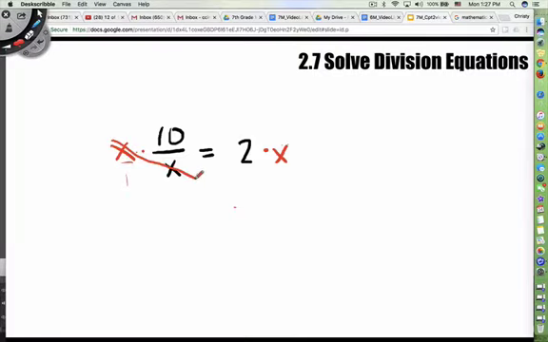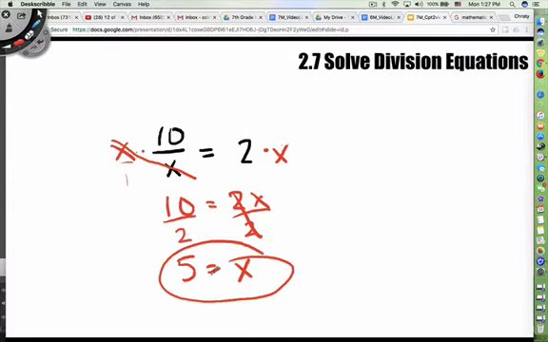We can cancel x out here. We get 10 here, and we get 2x here. Now it's a familiar problem, right? It's not a division anymore per se. We're going to undo it with division. Divided by 2, we get 5 is equal to x. We put the variable on the other side, but we did it in order to get a lovely positive whole number. Okay, great.